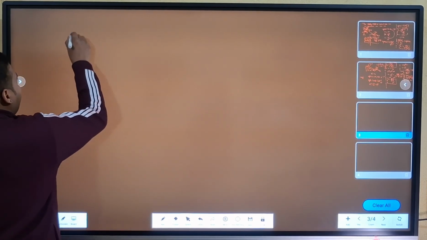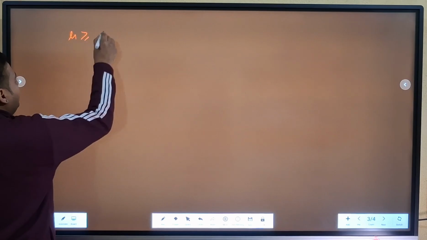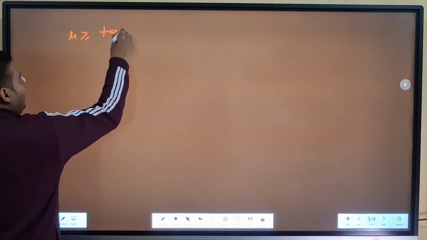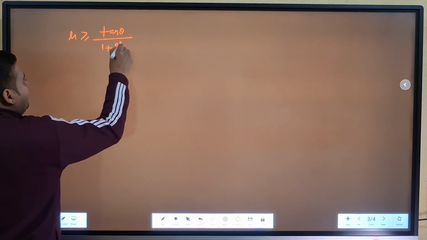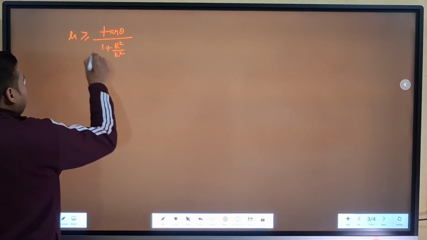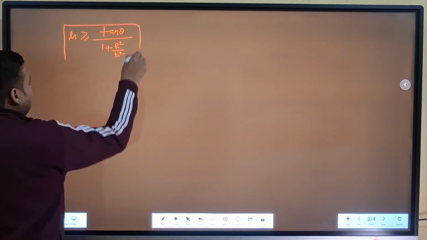In the next slide for the formulas: first we calculated the minimum friction coefficient, which is mu = tan theta (1 + r²/k²). This is our first formula.